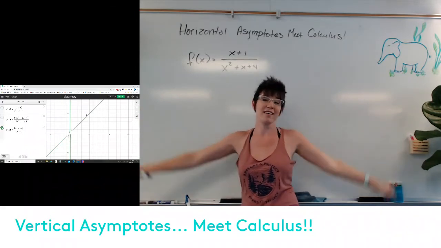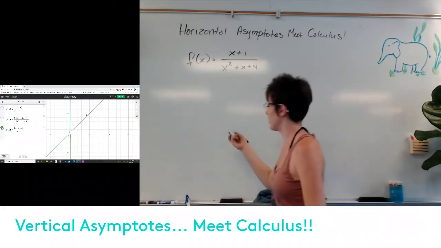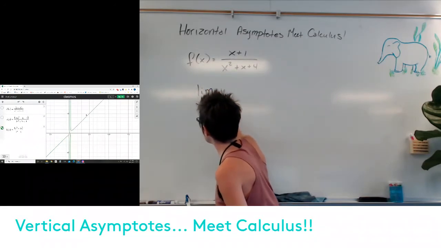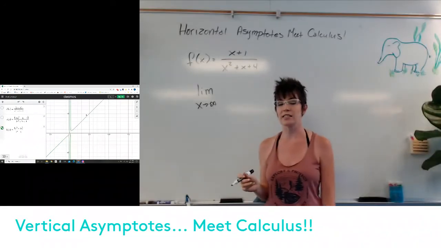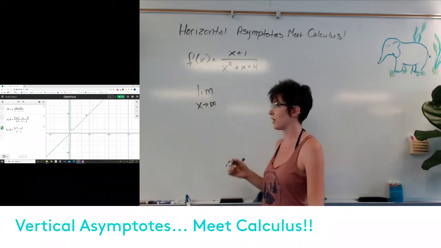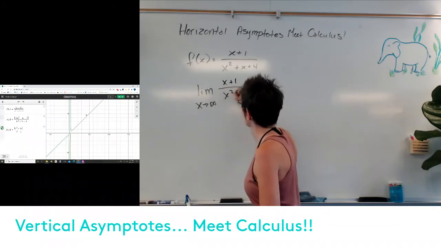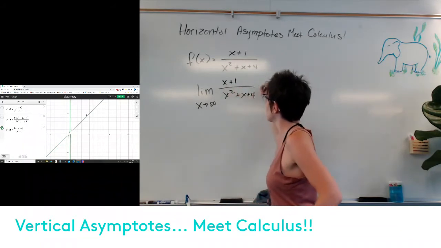What is it doing? This is a really new type of limit. Take a look. The limit as x approaches, and we're going to start with positive infinity, of x plus 1 over x squared plus x plus 4.